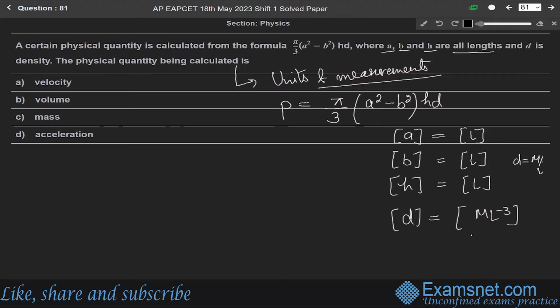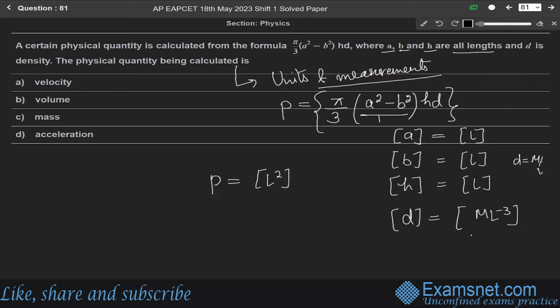So we have to find the physical quantity. What does this formula make as a combination? Pi by 3 is a constant. A and B are lengths, so whatever the dimension of A is will be the dimension of B. So this bracket will become L square.